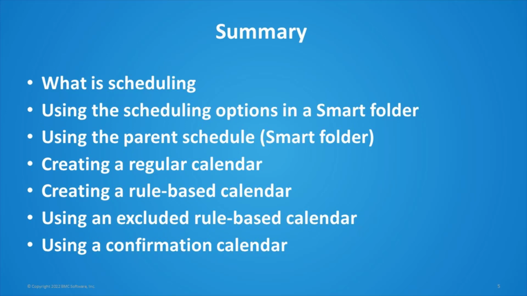We created a folder rule-based calendar and a Control-M rule-based calendar. We used the excluded rule-based calendar option. We created a confirmation calendar, which is a regular calendar that is used to decide what days a job can be ordered. We used the exception policy with the confirmation calendar to adjust when the job would be ordered.